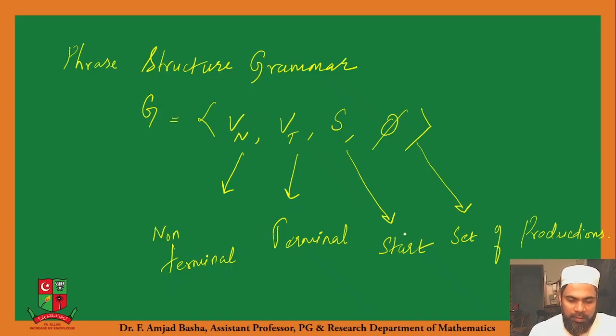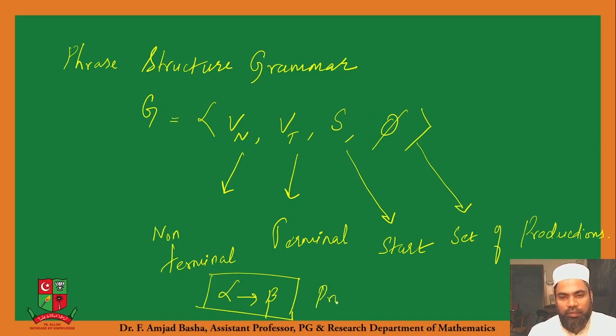In this we'll be using alpha tends to beta, which is called the production rule or rewriting rule. The non-terminals, terminals, start symbol and set of productions together give a complete structure of the grammar.